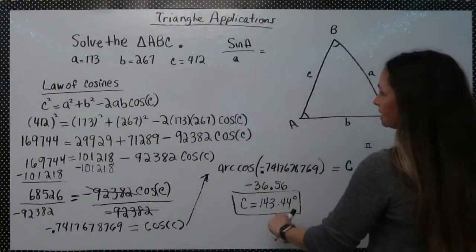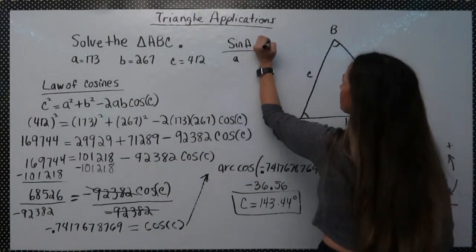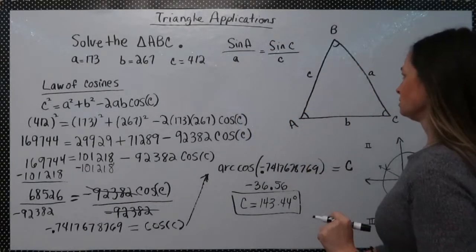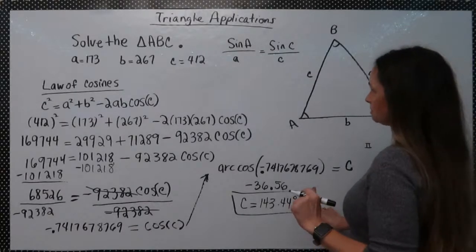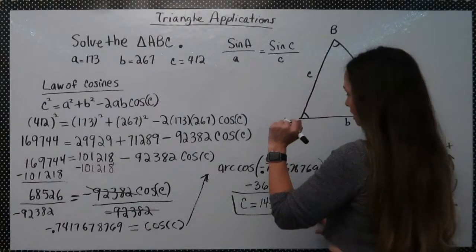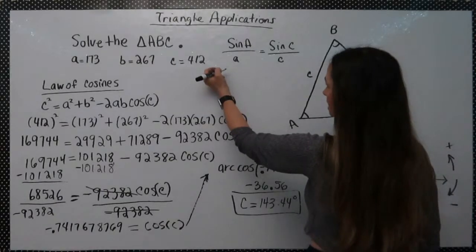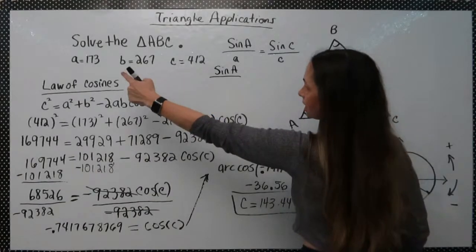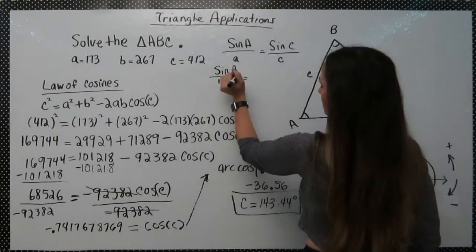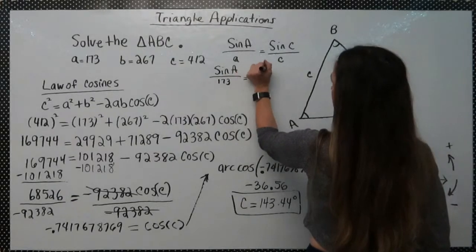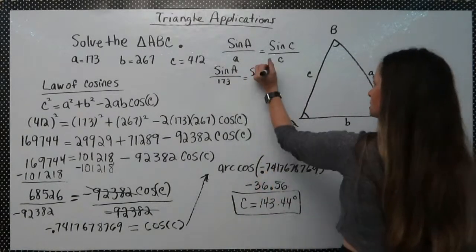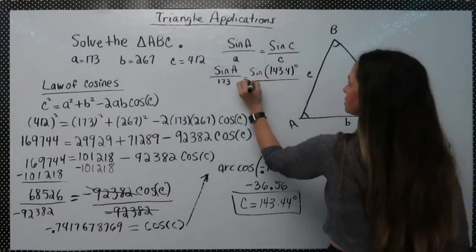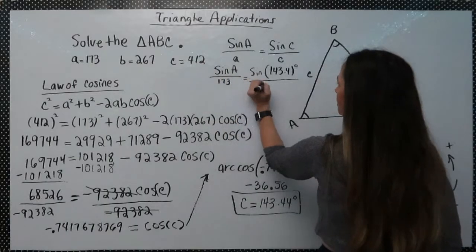And since we know C and angle C, we would go sine C over little c, and then we use this proportion. So I know angle C, so I would say sine A over little a is 173, and that equals the sine of C, which is 143.4 degrees, and that's over c, which is 412.